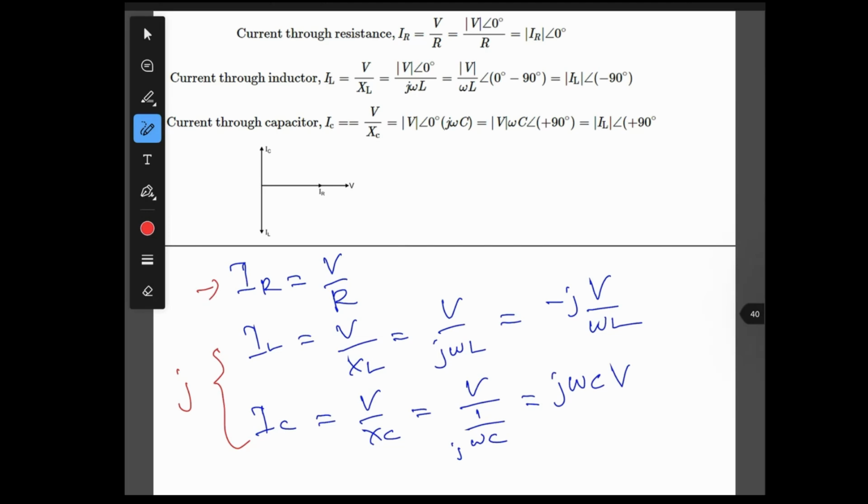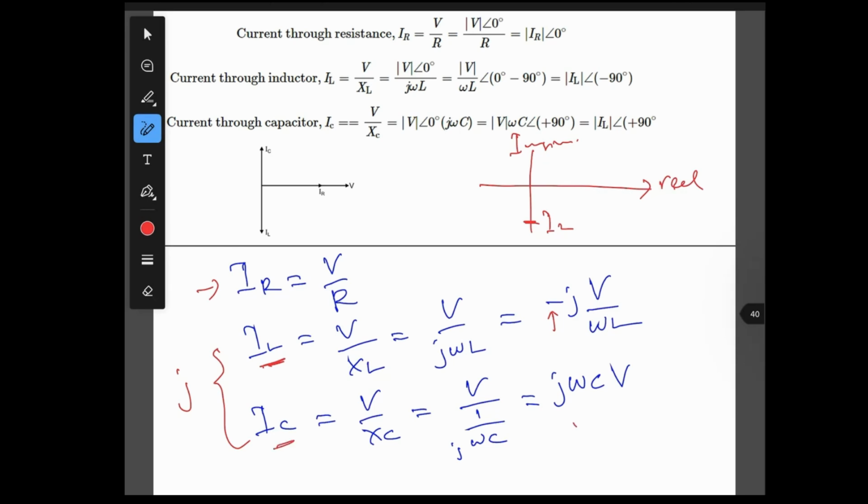So we have the real axis and the imaginary axis. For IL there is a negative J, so IL is on the negative side.